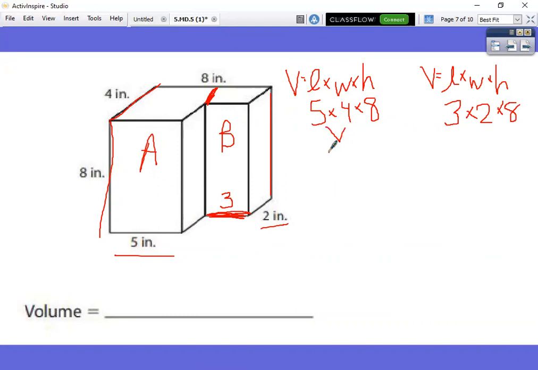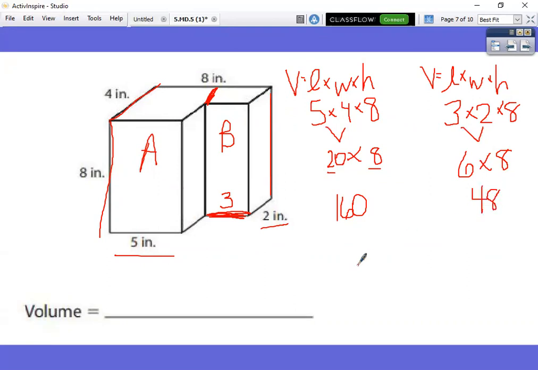Now all we have to do is the math. 5 times 4 is 20. 20 times 8. Well, I know that 2 times 8 is 16. And we can add a 0 to get 160. 3 times 2 is 6. And 6 times 8 equals 48.